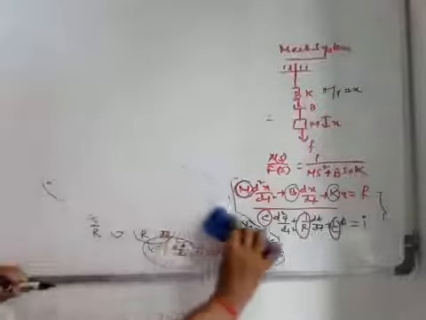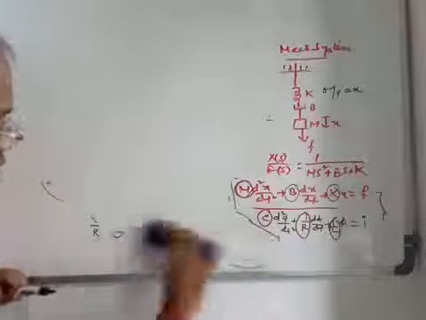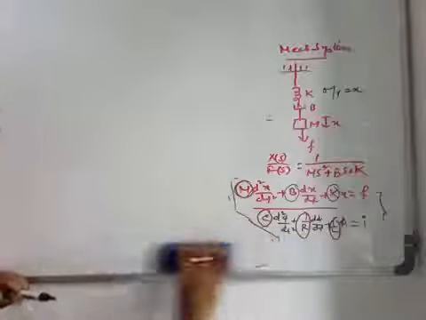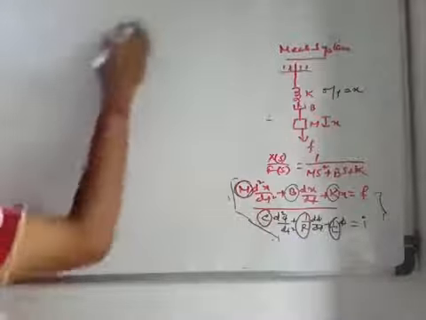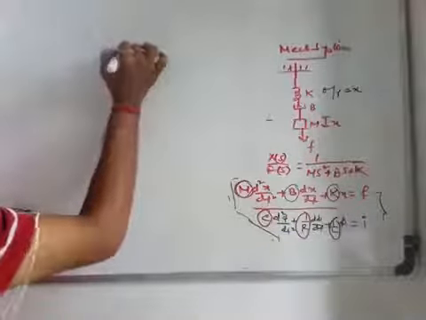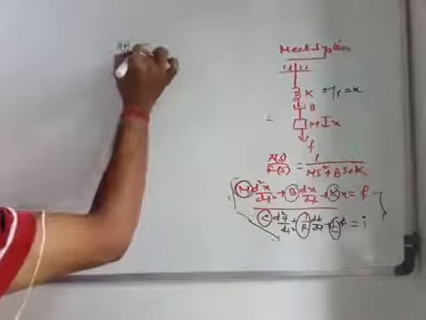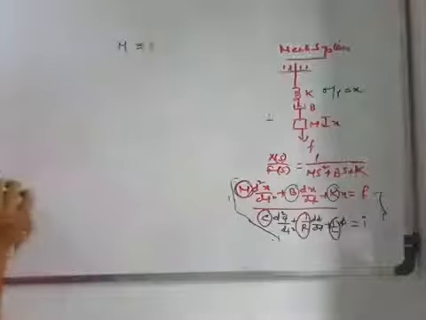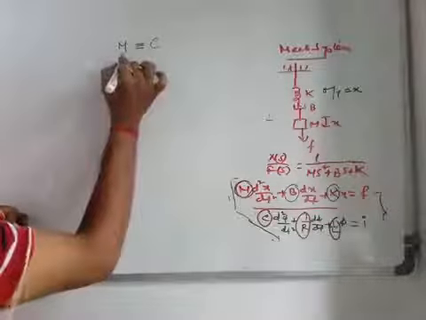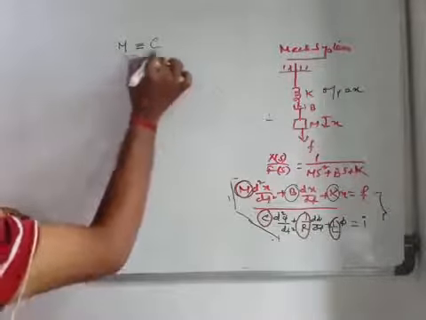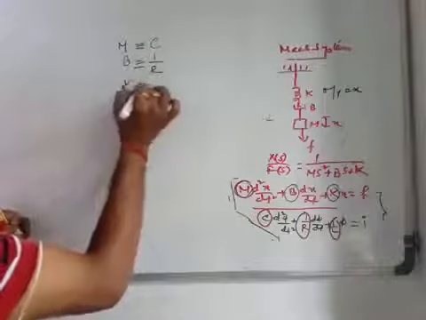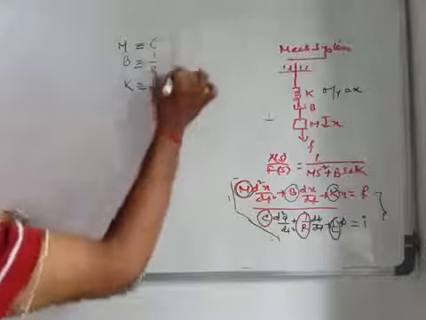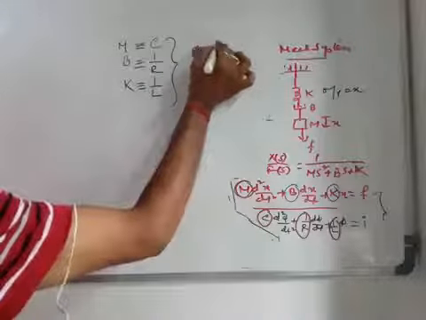To make the concept clear: M corresponding to the mechanical system is equivalent to C, B is equivalent to 1 by R, and K is equivalent to 1 by L. This is for the force current analogy.